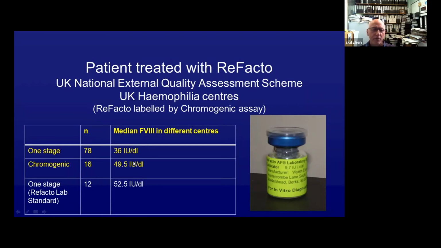It's about a 30-40% difference, higher by chromogenic. This particular problem could be removed if the one-stage assay is calibrated not with the usual human plasma standard, but instead is calibrated with a concentrate standard, a product-specific material, in this case, the same as the infused material, ReFacto AF.